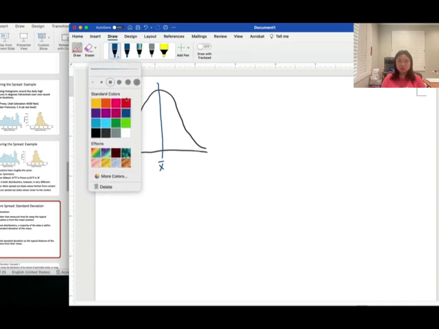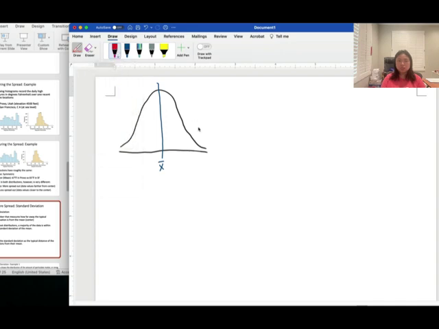So what is a standard deviation? Standard deviation is the distance from the mean to here. Here, I would say this is 1 standard deviation. And the same idea, this is 1 standard deviation below the mean.